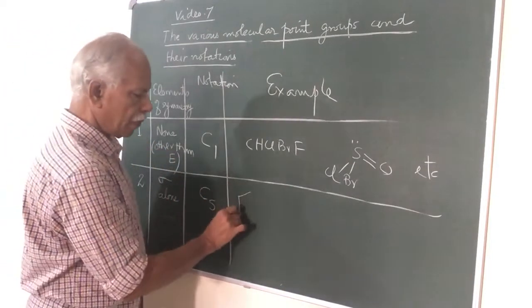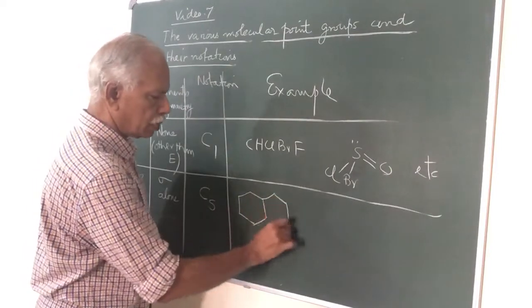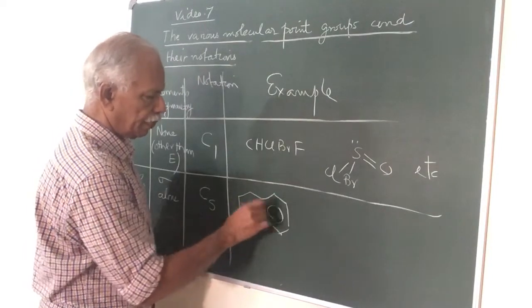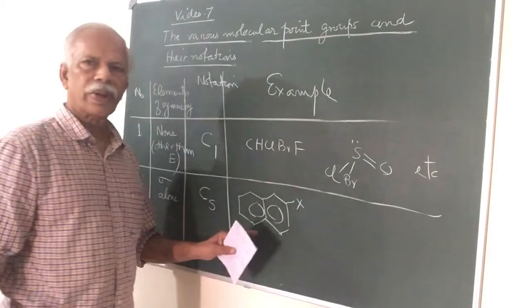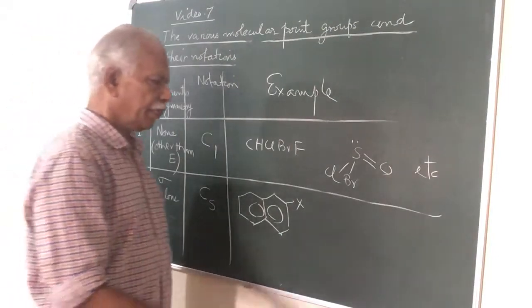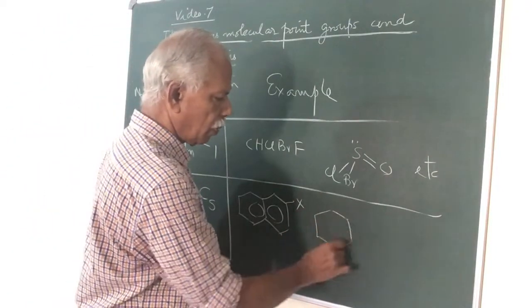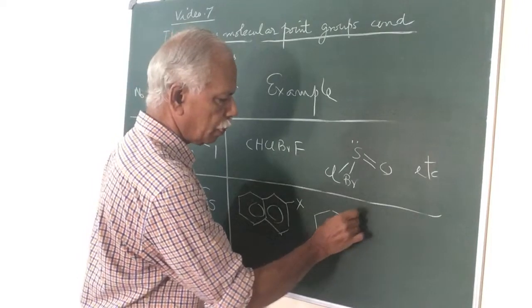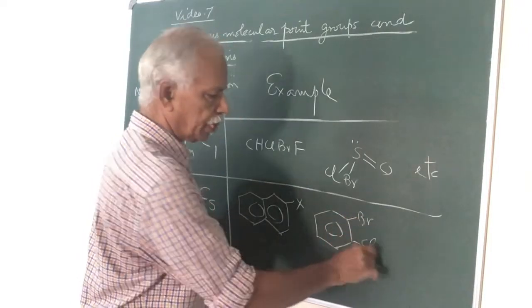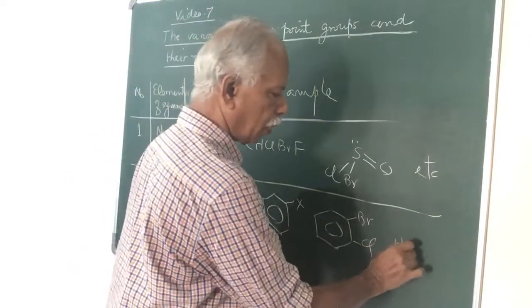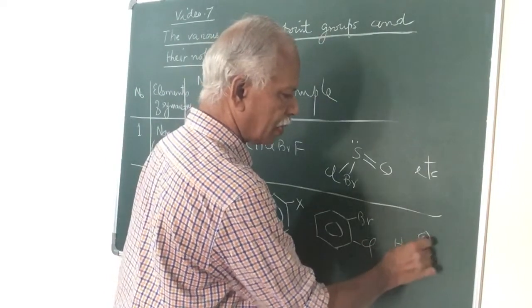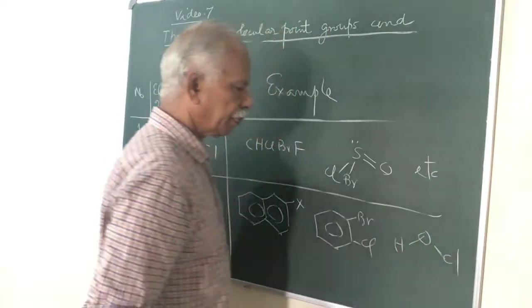Examples are planar molecules, derivative of monohalo, derivative of naphthalene, 1-chloro, 1-bromo, 2-chloro benzene, hypochlorous acid, etc.